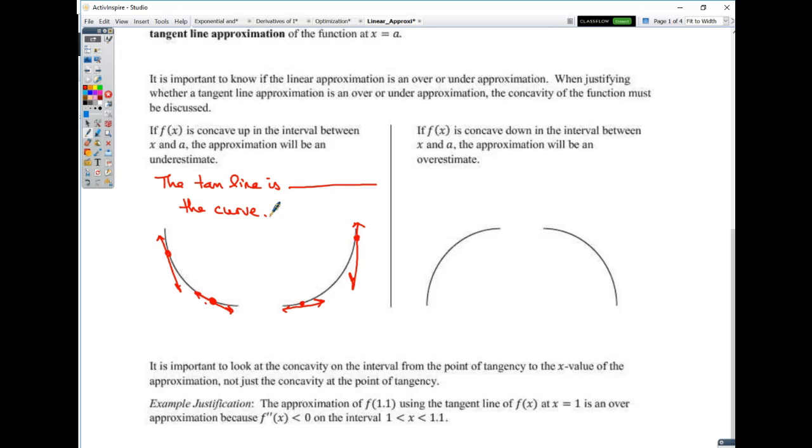Under. Look at every single one of these lines. This is always under the curve, right? In that case, we would say that our linear approximation has an underestimate.